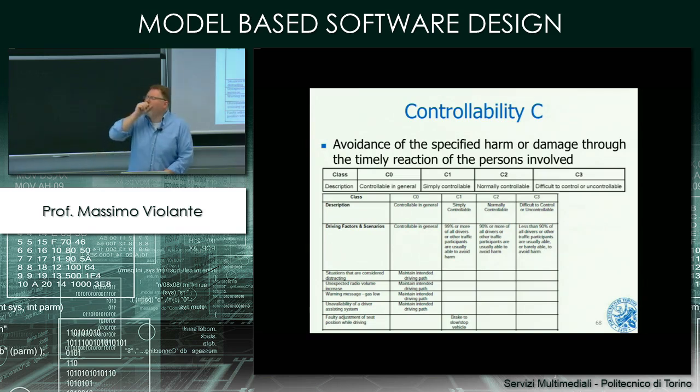The scale is the following. We have C0 when the event is controllable in general, C1 when it is simply controllable, C2 when it is normally controllable, and eventually C3, difficult to control or uncontrollable. We will see later on how we can tell which is the best value, given the operational situation and the hazard we are considering. For the moment, let me just show you the different categories.